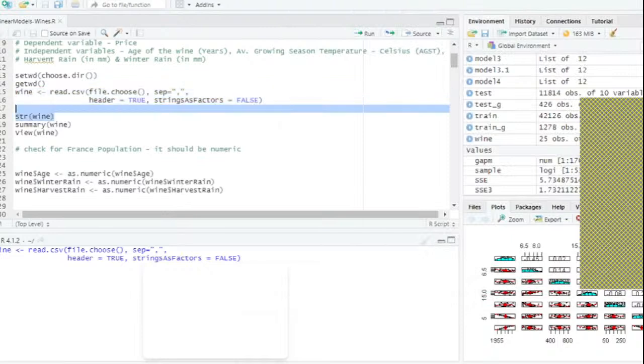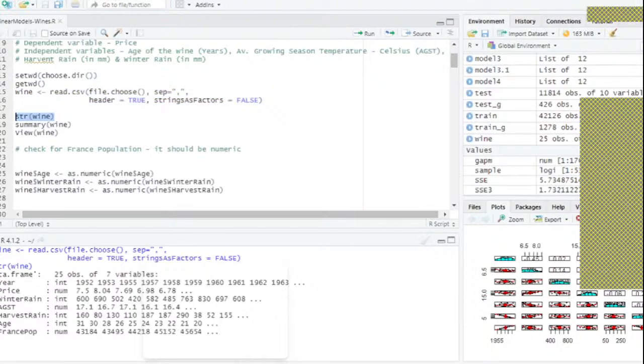And let's take a look at the structure. Since I mentioned strings as factor equal to false, it did not convert any categorical into any categorical variable factors, right? So if I look at the structure, wine age, age is integer. Do you think this should be integer?